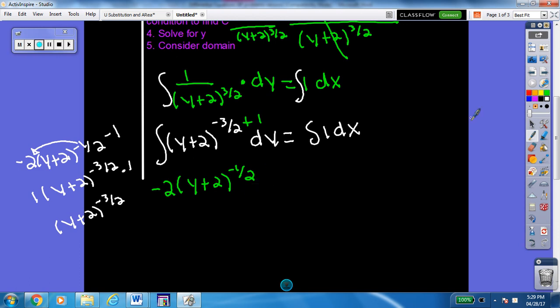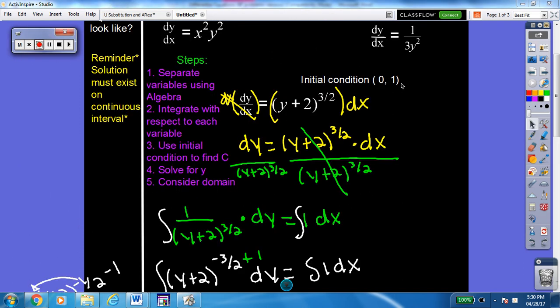Okay? Now, once I've found the antiderivative, remember we're not going to put the plus c here, we're going to put it on the right side. The antiderivative of the right side is actually easier, it's just x, and then we're going to put plus c. So we separated the variables, we took the integral of both sides, and now our job is to find the plus c. Originally, the previous example had an initial condition of (1, 1).